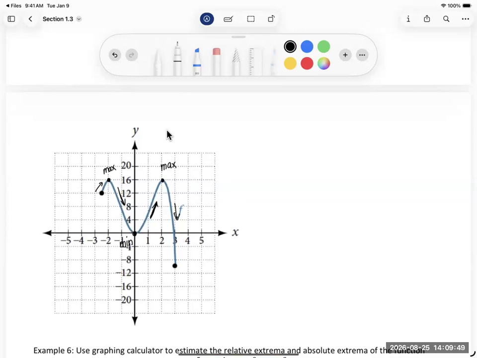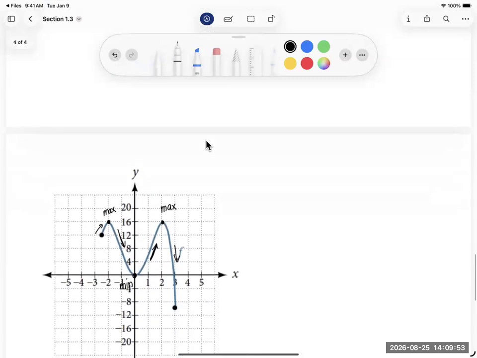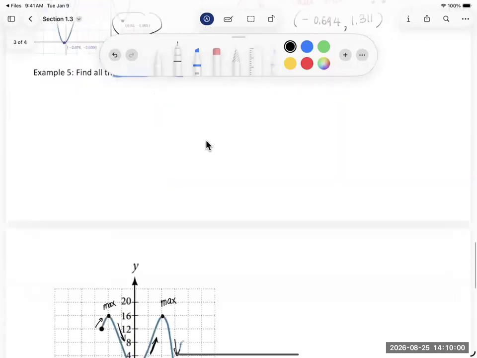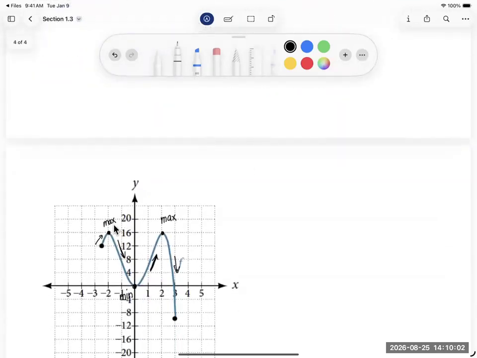All right, so I have three values, and two of them look like a cap, right? Cap like this. So that is the max. These two values right here are my max. So I will have a local max at x equals -2 and y equals 16, right? That is my local max.